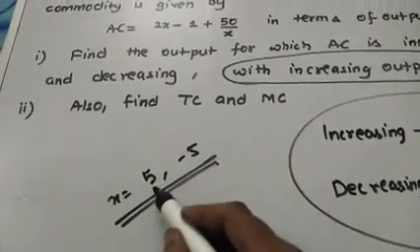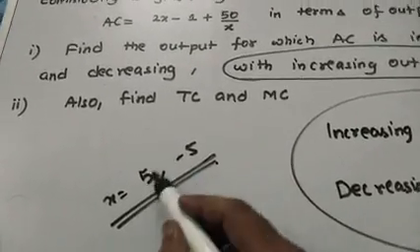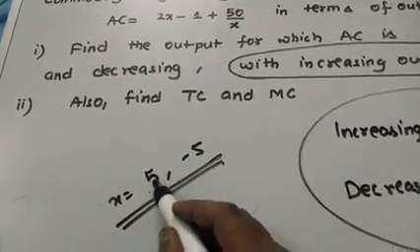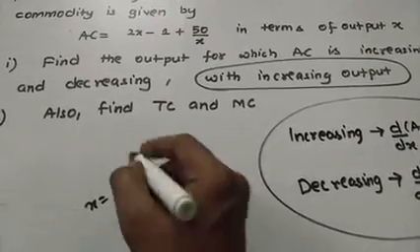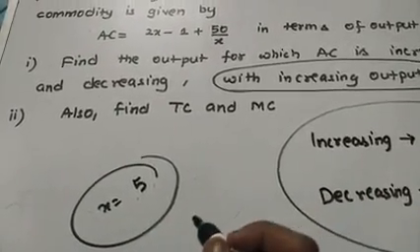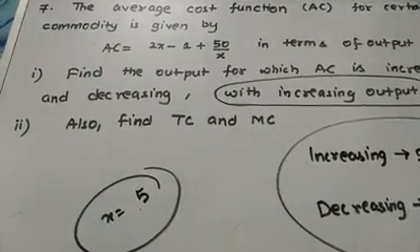That means out of these 2 values, we have to take the increasing one, which is the greater one. We can simply see that it is 5. So we will ignore minus 5 and deal with x equals 5 only. Next we have to find the total cost and the marginal cost.